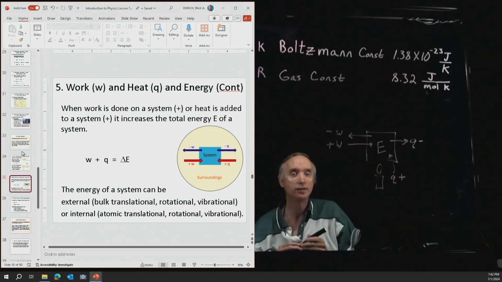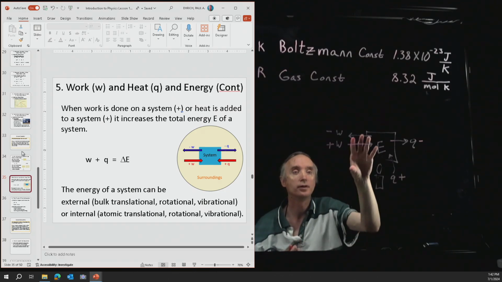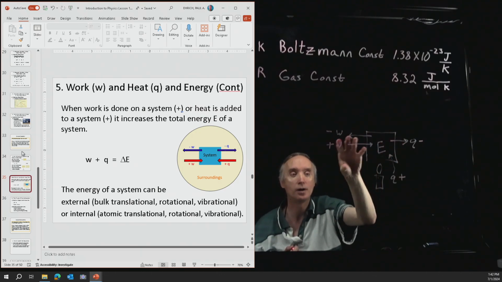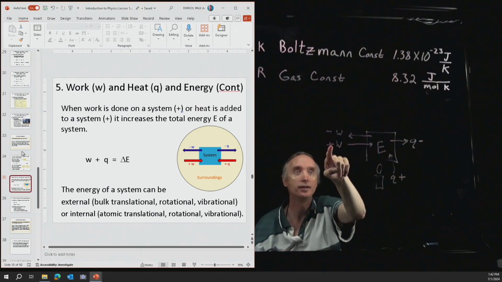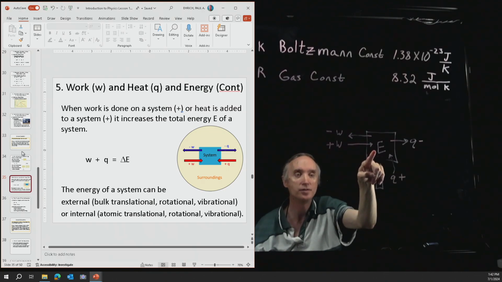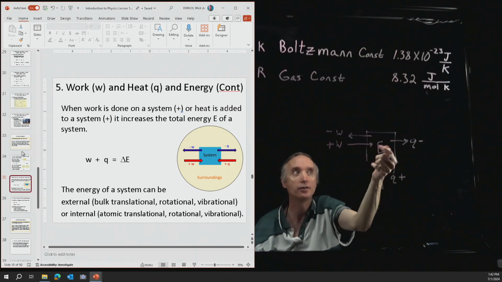So we have a sign convention for heat and work, positive and negative. Notice that if it's positive, it will increase the energy of the system, and if it's negative, then energy is coming out and it's going to get smaller.